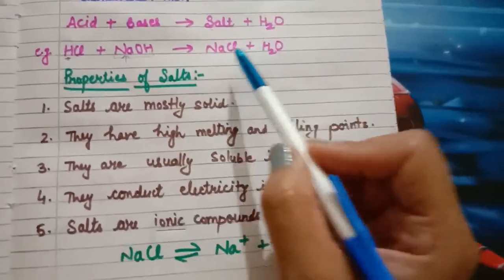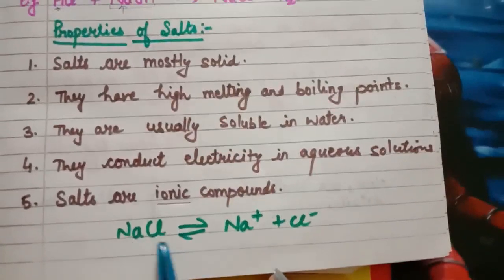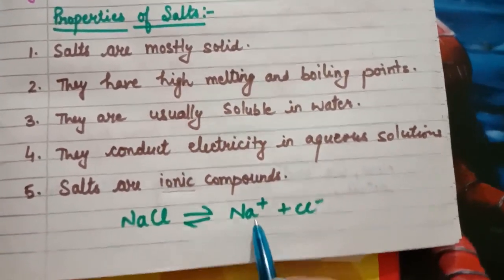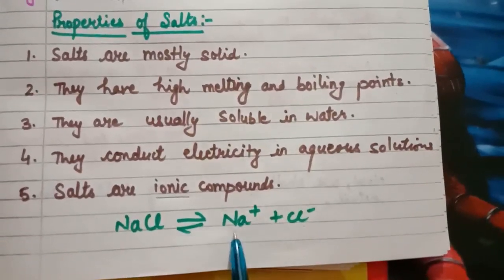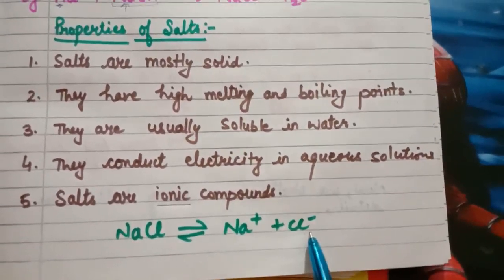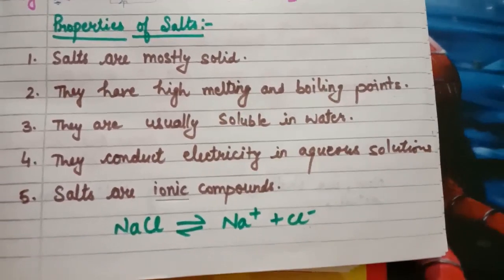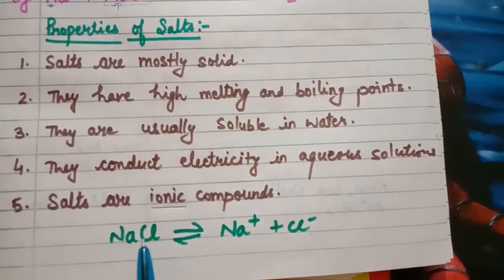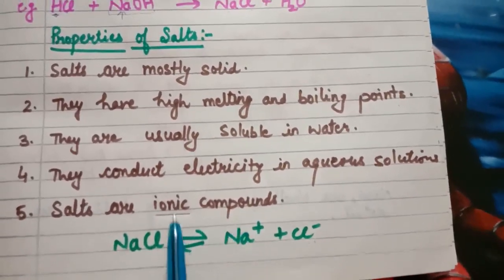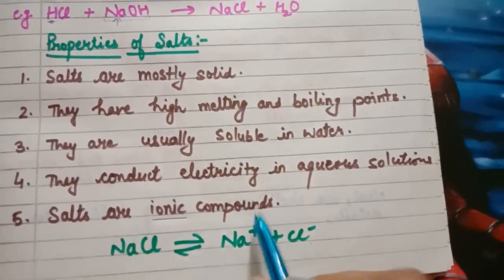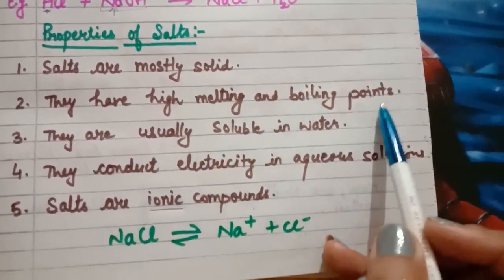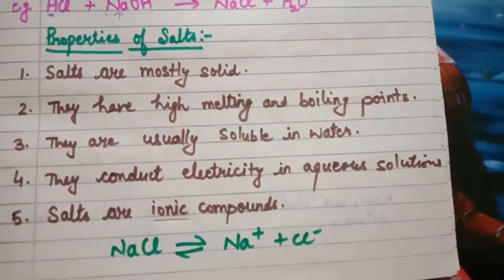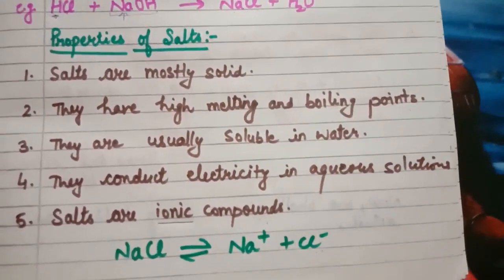For example, NaCl is a salt composed of two ions, a cation and an anion. The cation is Na positive and the anion is the chloride negative ion. So these two ions combine to form an ionic compound, and because salts are ionic compounds, they have high melting and boiling points. Very high temperature is required to melt the solid salts and to boil the liquid forms.